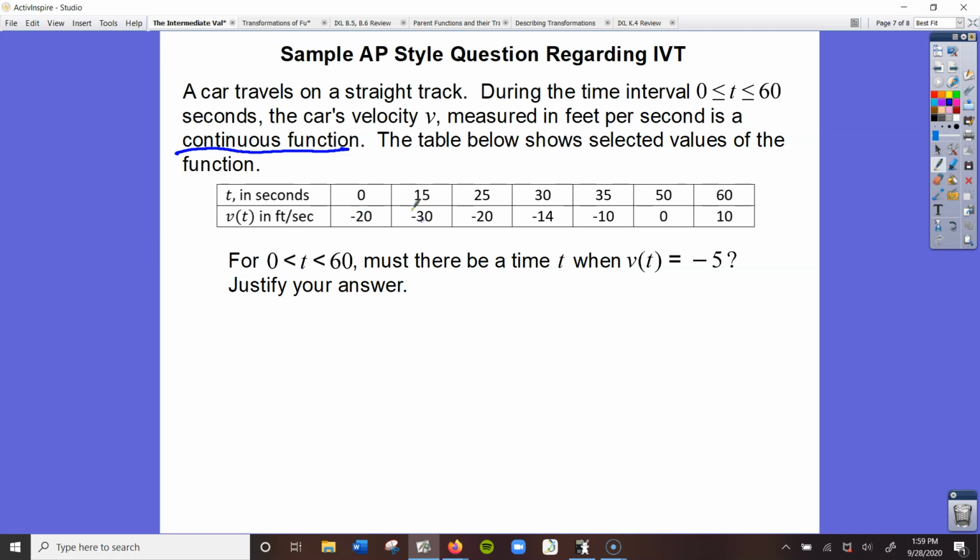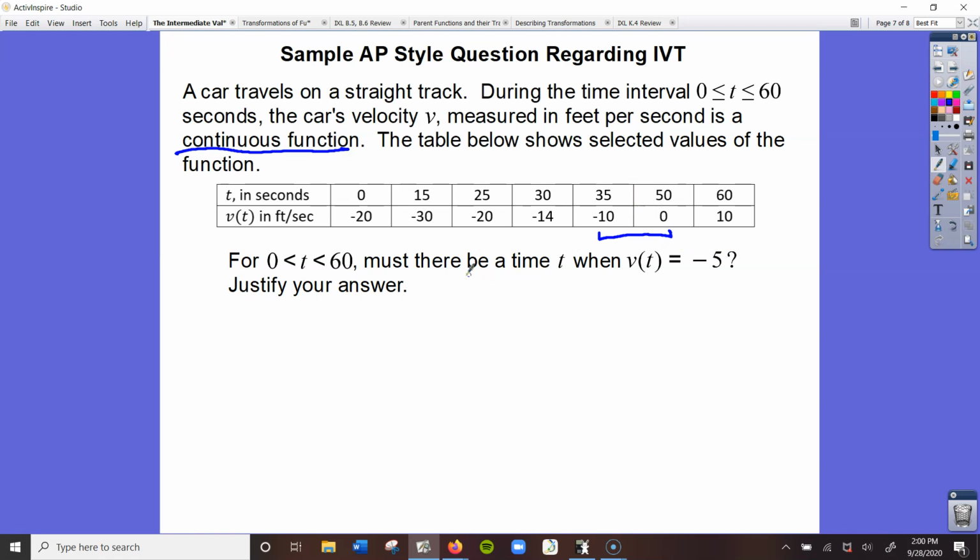If I choose the interval from 0 to 15, -5 is not between them because it goes from -20 to -30. Then from -30 to -20, -5 is not in the middle. And if I continue, I see that from -10 to 0, -5 would be right in between -10 and 0.